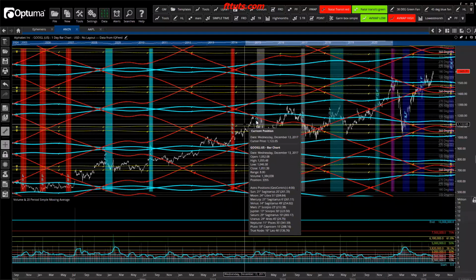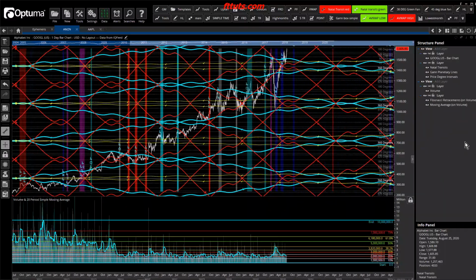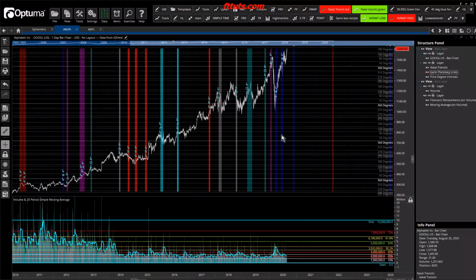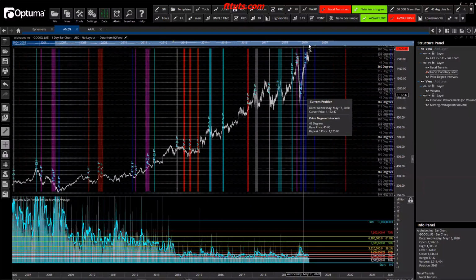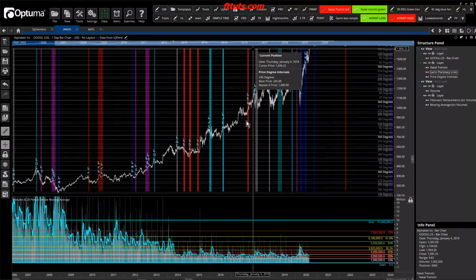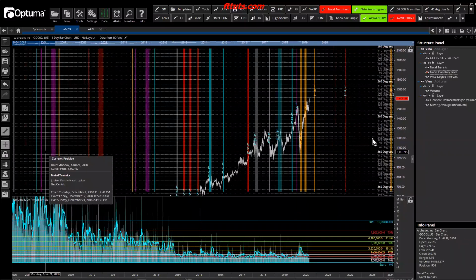let's look here. This is Alphabet, Google. And let's take our chart. These are all set to natal dates. So let's get rid of our planetary lines just for now. And we've just got our natal Jupiter cycle, okay? And if you look here, well, look at our quintiles here ending a previous bull run. Oops.